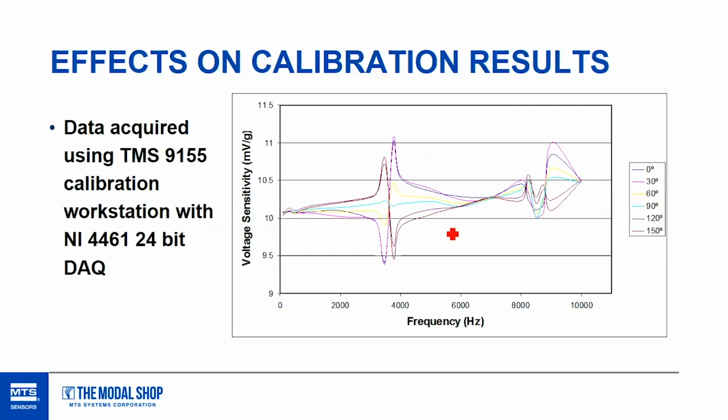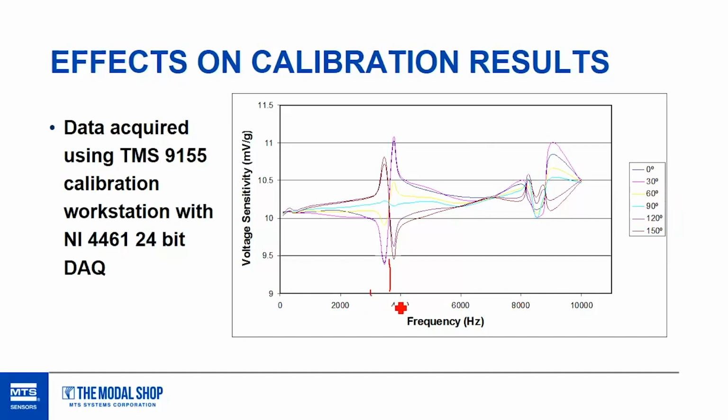So the interesting part is that all these different traces are those different orientations of the placement of that accelerometer on the shaker. And you can see at certain frequencies, you get very different sensitivity readings depending on the orientation that you have it in. And if we look at the bottom axis, there's 3,000, that's about 3,500 hertz.